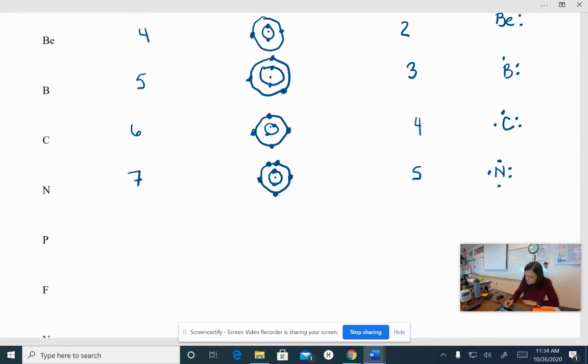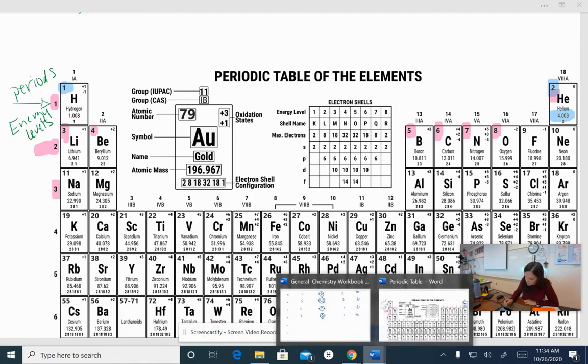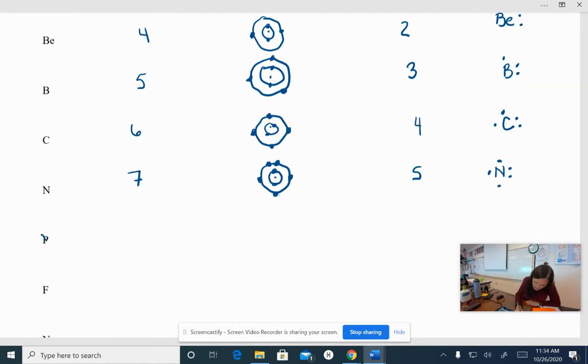Okay, phosphorus, or not phosphorus, it should be oxygen. So let's change this to oxygen. We have 8 electrons, not valence electrons, but 8 electrons. I've got my 2 on my first energy level, and I've got 1, 2, 3, 4, 5, and 6.